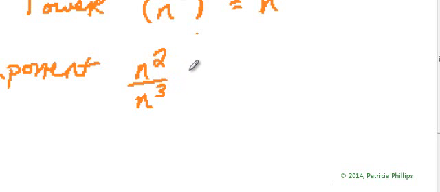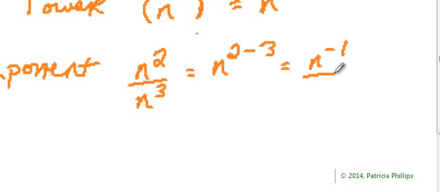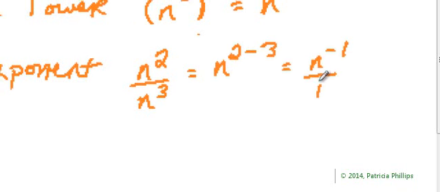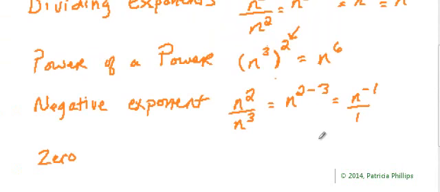So what you're going to do is use the rules for dividing here, which is to subtract. So the first thing that we're going to get after this is n to the power of 2 minus 3. The next thing we're going to get is n to the power of negative 1, because 2 minus 3 is negative 1. So what you're going to do with that is turn it into a fraction, n to the power of negative 1 over 1. And you're going to flip it and reverse.